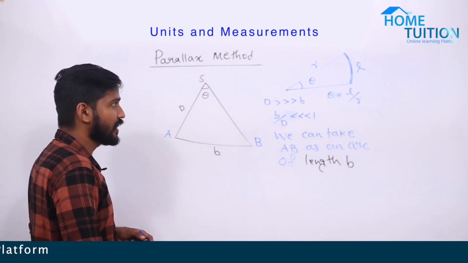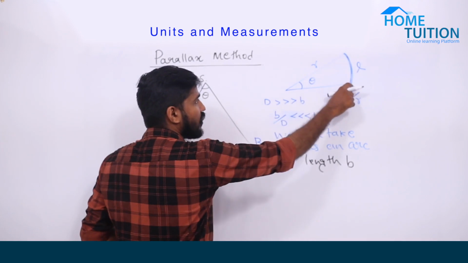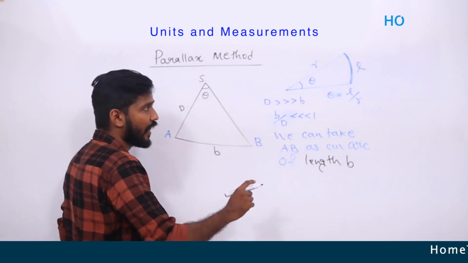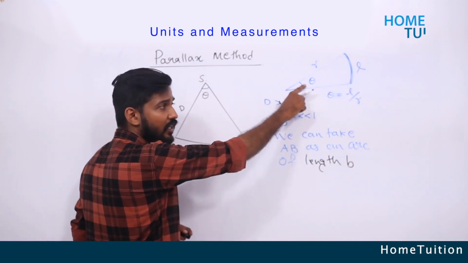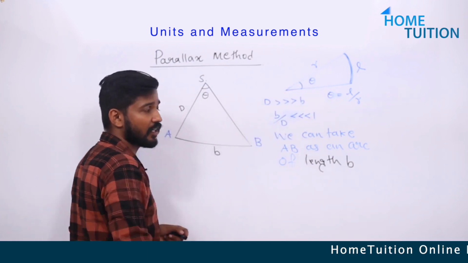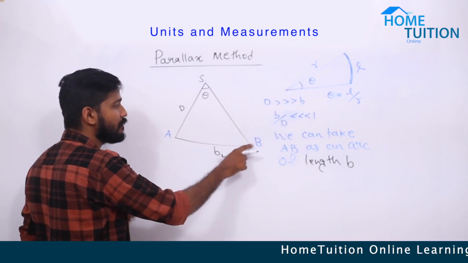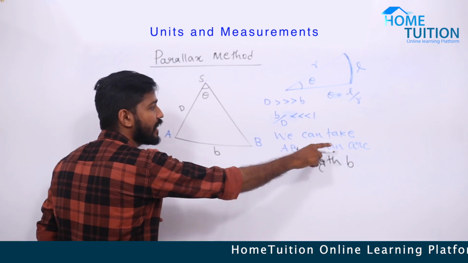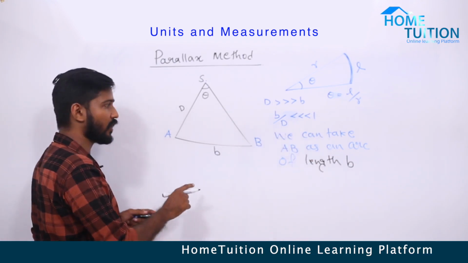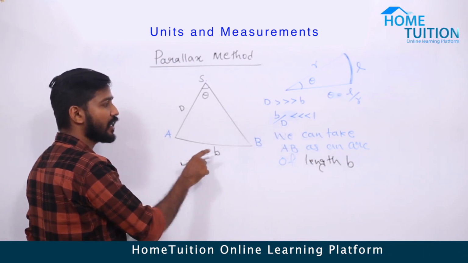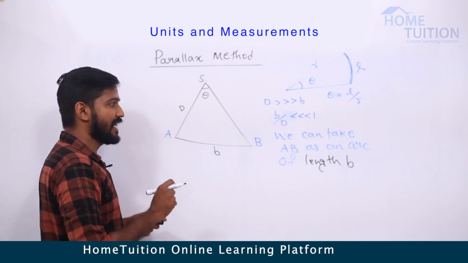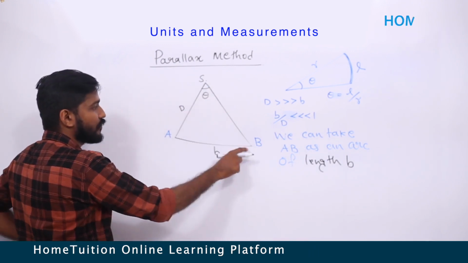Okay, clear? So this is an arc of length L, and this is the subtended angle theta at the center. This is the radius R. So if AB is treated as an arc of length b, then we can form an equation here.